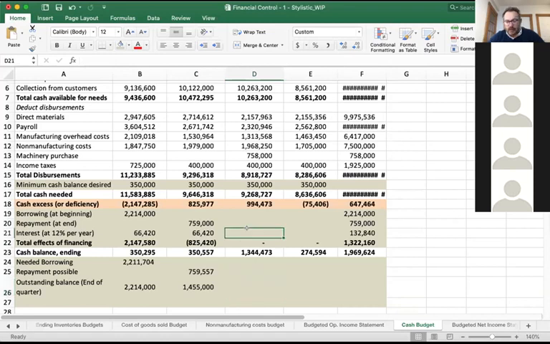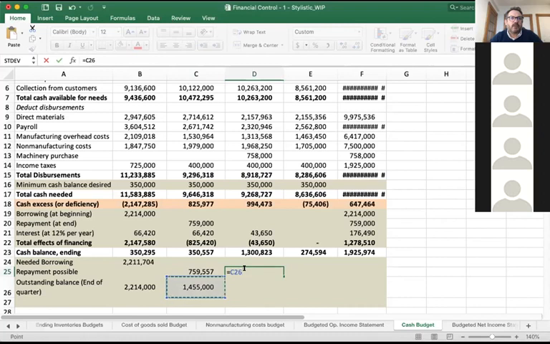Okay, so interest in Q3 is ending balance Q2 times 12% times 3 divided by 12. Okay, and so repayment possible should be, yeah, should be shown this way, I guess. No, it's not correct. So repayment possible is, sorry, it's this amount minus this amount. No, it's not correct.